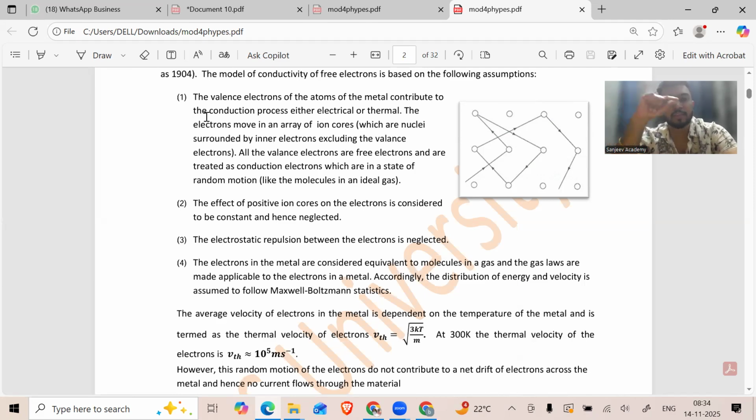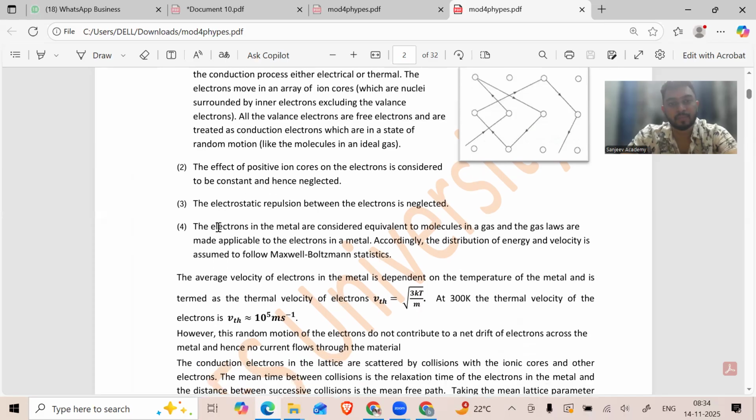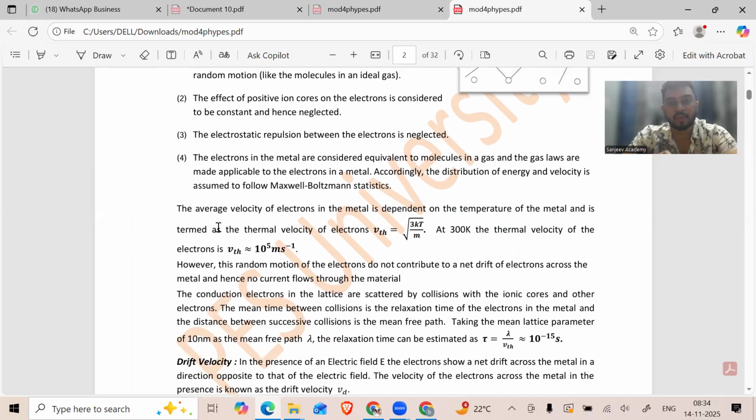Metals also contain free electrons which can move freely, just like gas molecules. That is the first point. Second point, positive ions are fixed and do not affect the electrons.